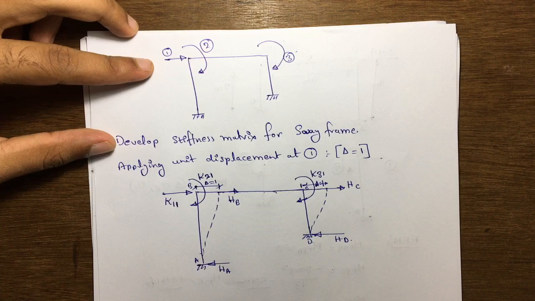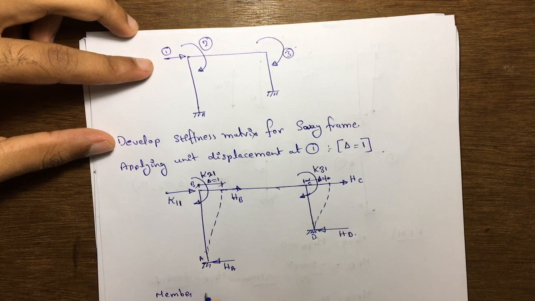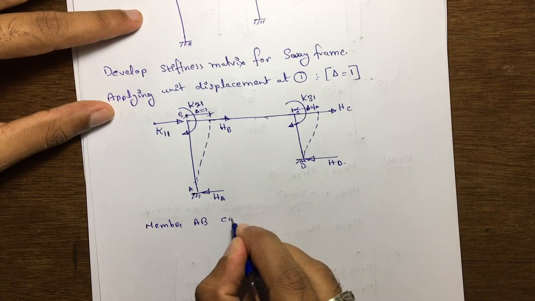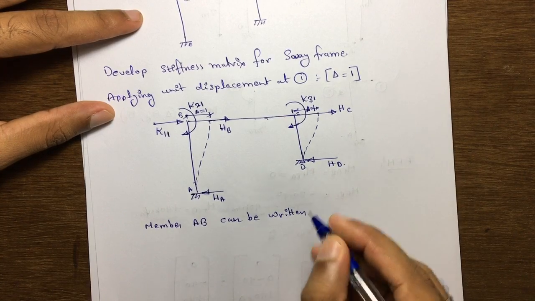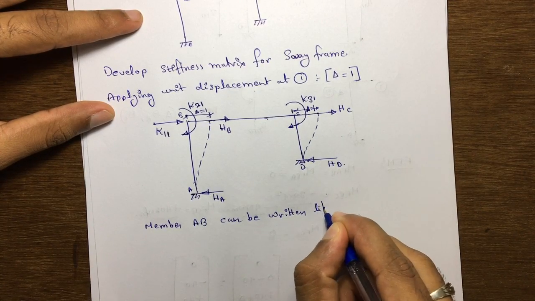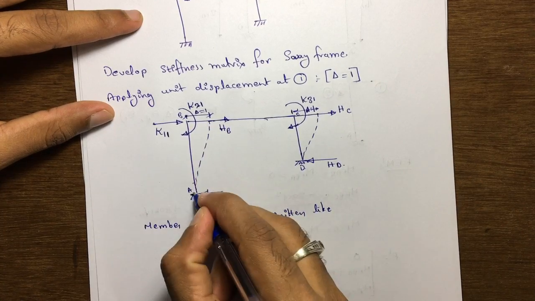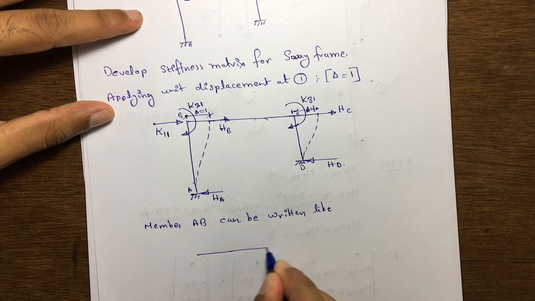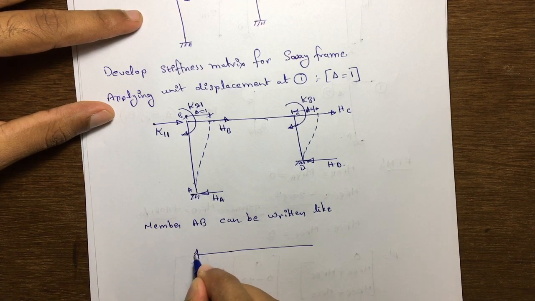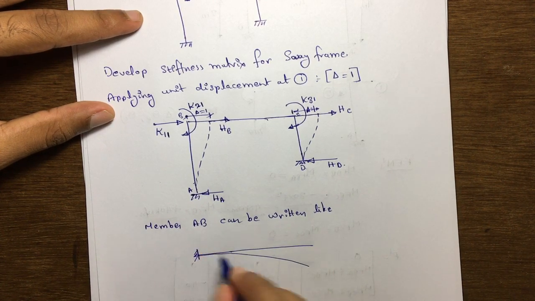Now we can take this member AB. I will just consider this beam AB but in the horizontal direction, this way. This is a fixed support, so it is going to deflect like this.